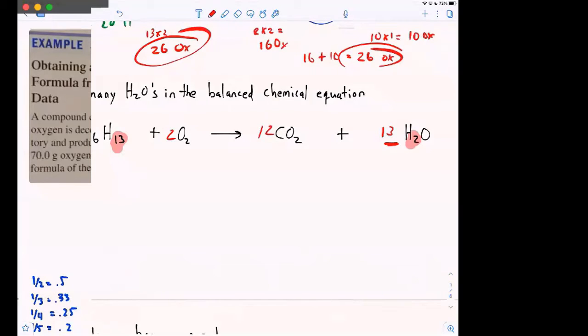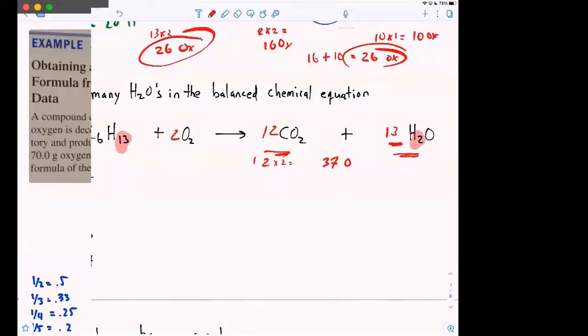And if you're looking ahead, you're like, okay, well, I now have an odd number of oxygens, right? So 12 times 2 is 24, but 13 times 1, that's 13. So 24 plus 13 is 37.